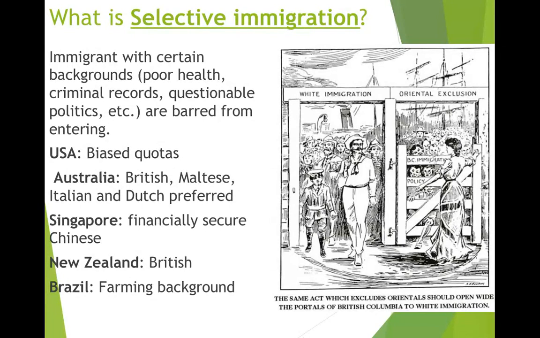We talked a little bit about the Chinese Exclusion Act earlier. Australia has done some of these same selective immigration practices as well. Singapore requires that anyone who comes to Singapore be financially secure. New Zealand has done some of these against the British, and Brazil has given selective immigration to people who have a farming background, wanting them to come into their country.